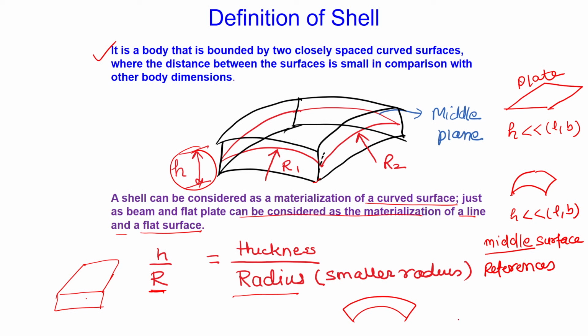For example, if we have a cylinder, then in one direction the radius is R, and in the other direction the surface is flat, so the radius R2 is infinity, a flat line. So that thinness can be found as h by R, not h by infinity.